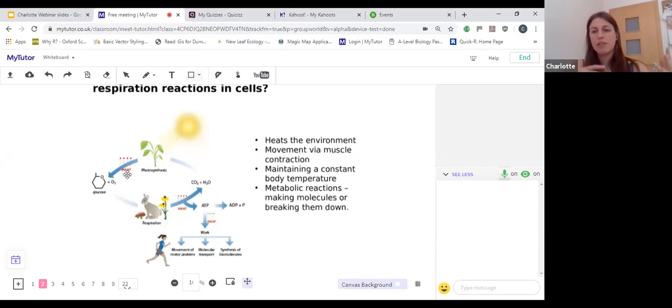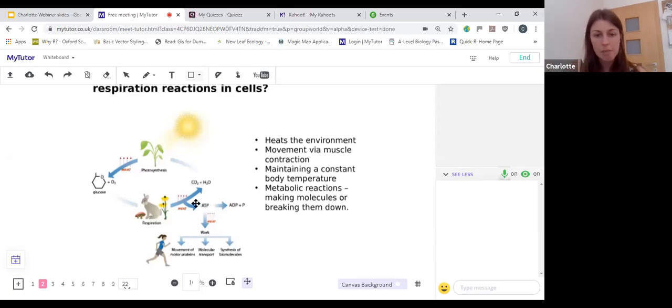Plants make their own food through photosynthesis, whereas for ourselves and animals, we need to eat to get that glucose. From respiration, we produce, here it's called ATP. This is the energy that we use for movement, for molecular transport, and for synthesis of biomolecules, which is putting together and breaking down molecules.